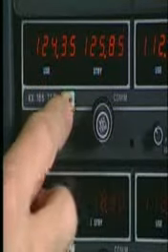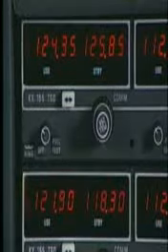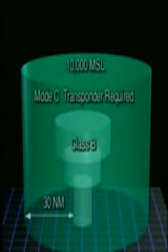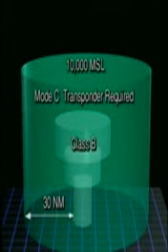For IFR operations in Class B airspace, your aircraft must also be equipped with an operable VOR or TACAN receiver. In addition, you must hold at least a private pilot certificate to operate within Class B airspace.